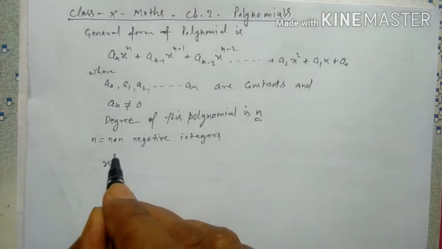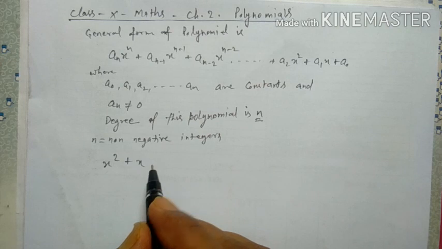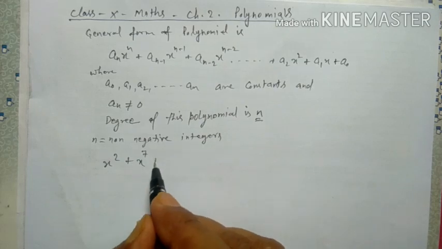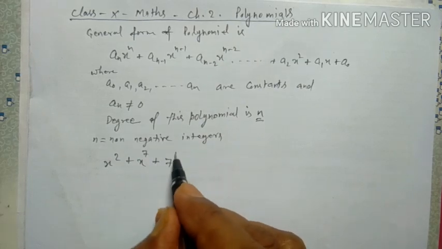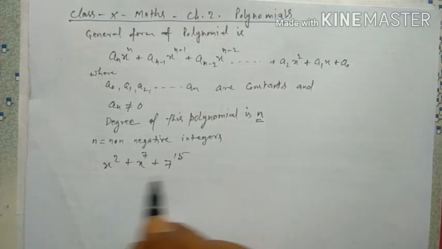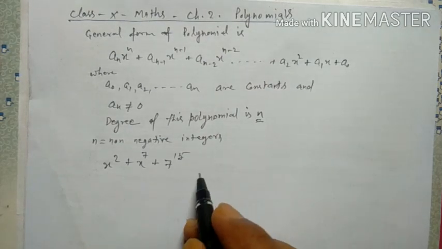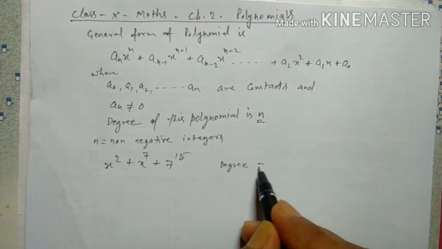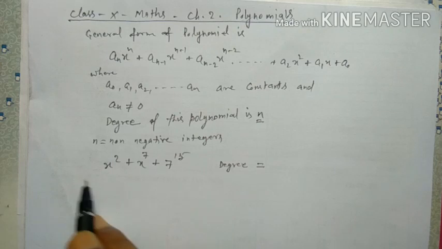Let us take some examples of expressions. Example one is x squared plus x to the power 7 plus 7 to the power 15. The degree of this polynomial is the highest power of the variable.